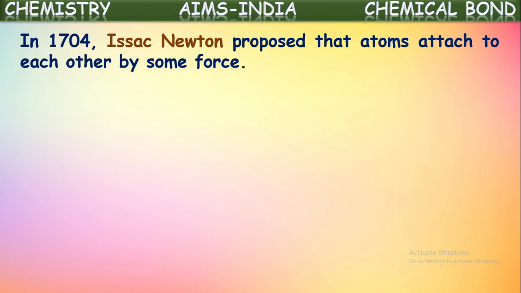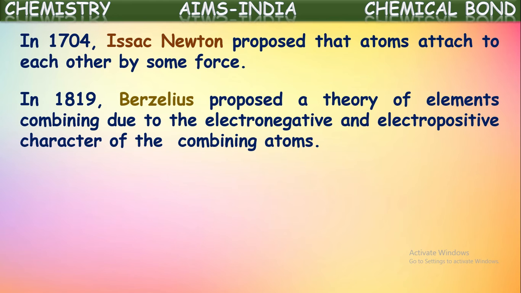In 1704, Isaac Newton proposed that atoms attach to each other by some force. In 1819, Berzelius proposed a theory of elements combining due to the electronegative and electropositive character of the combining atoms. Before the chemical bonding which we are studying nowadays, all these scientists proposed their theories.